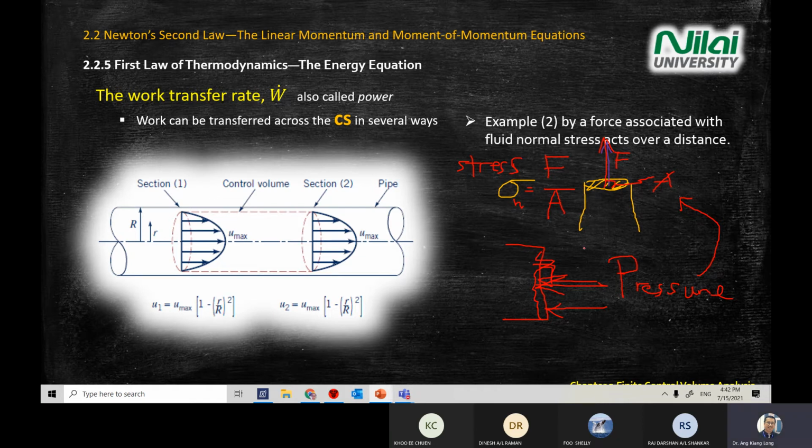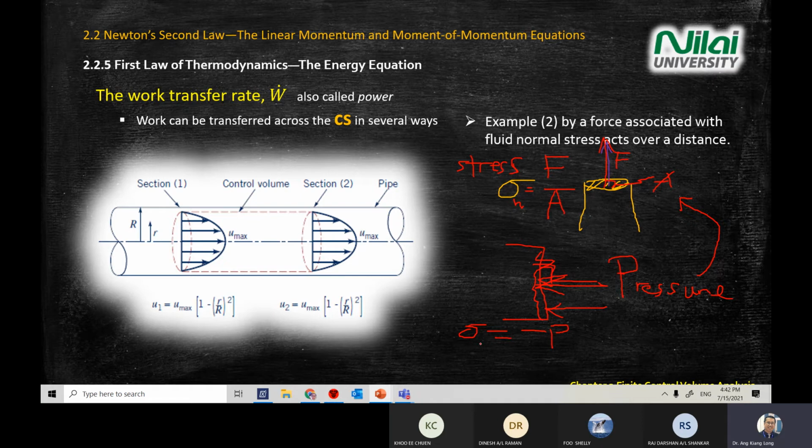So if you compare side by side, what you can write mathematically is that stress equals negative P, because of the different direction of the arrow. Stress is always going out, pressure is always going in to the surface or to the area.